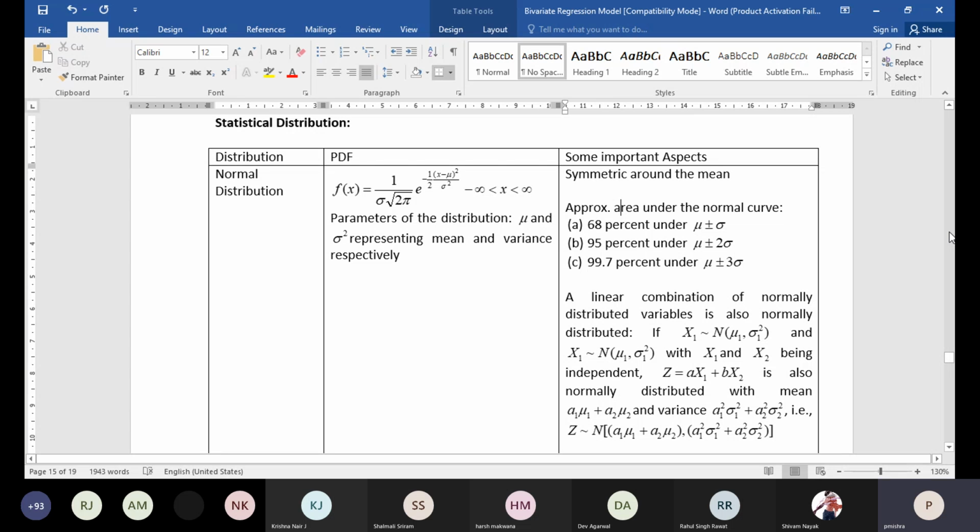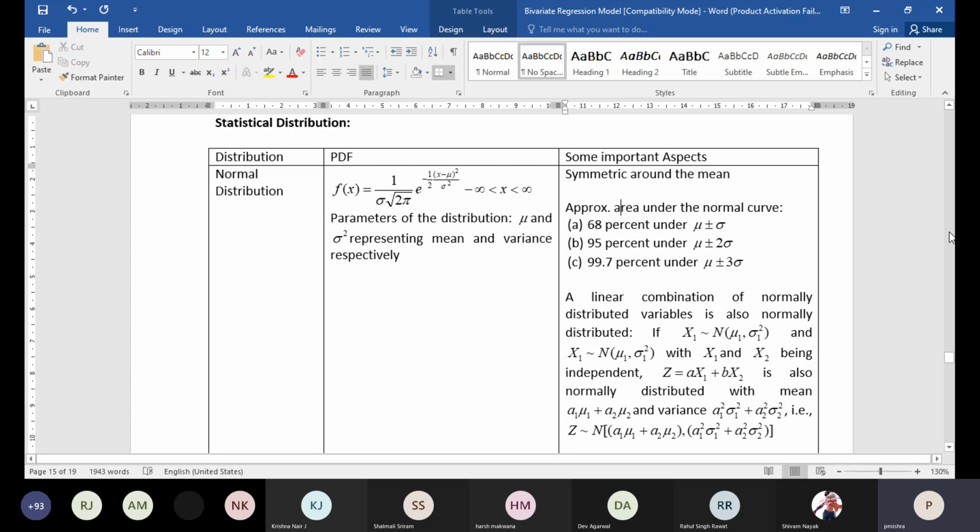And here I have added some important aspects of normal distribution, and a very important aspect in this regard is, one is the symmetry. You know that normal distribution is symmetric. It is a mirror image around the mean.